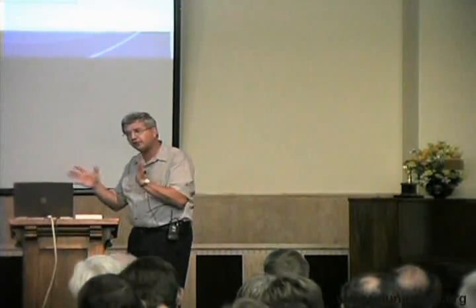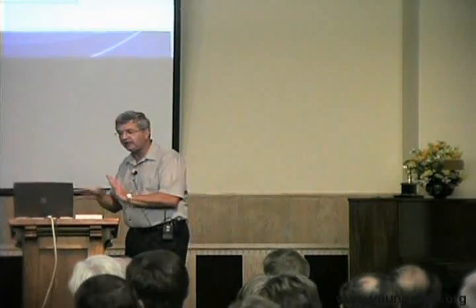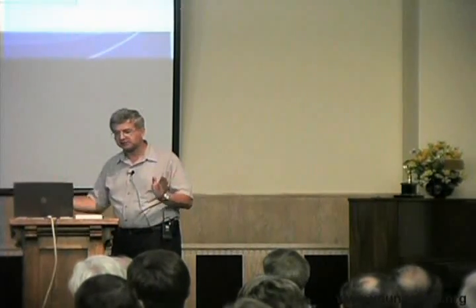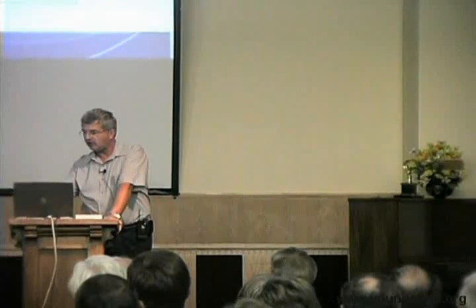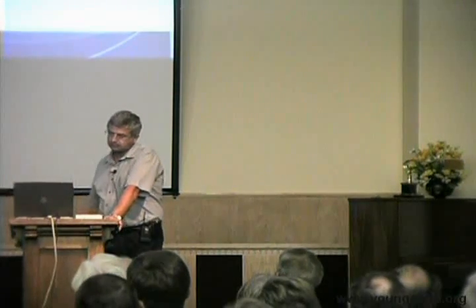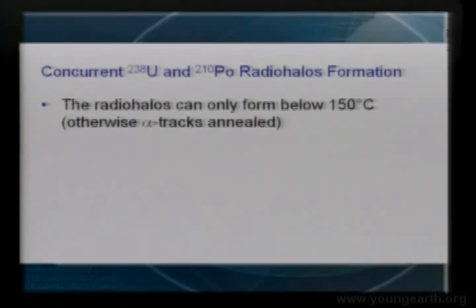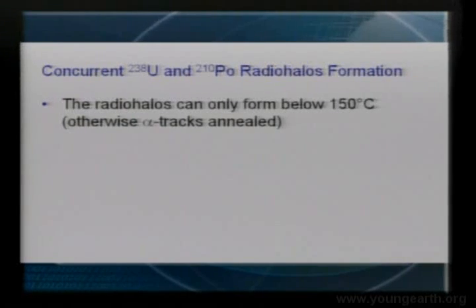So let's just run through this idea again of how the halos form side by side. We've seen that diagram before. The radiohalo, now an interesting extra thing in this is discovered that the radiohalos can only form below 150 degrees Celsius.